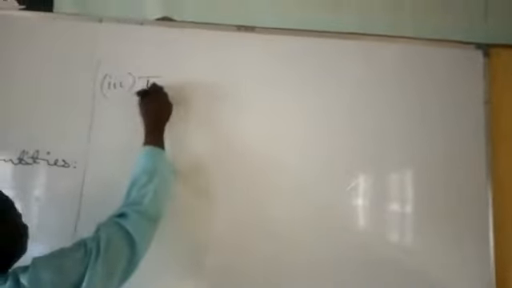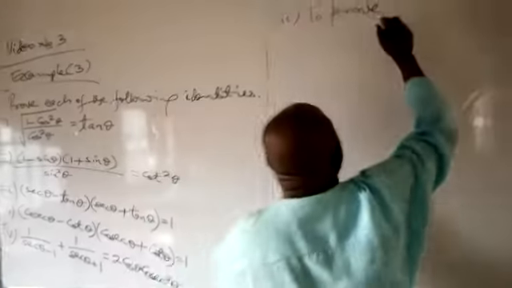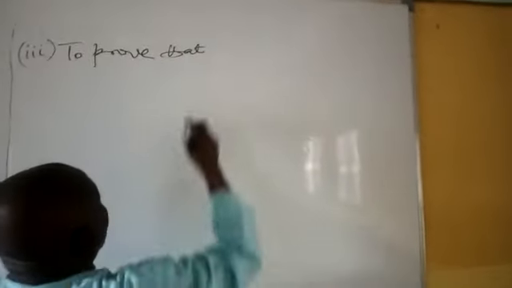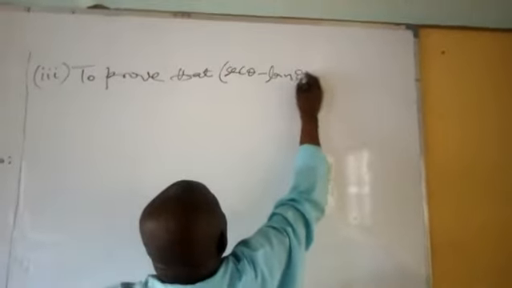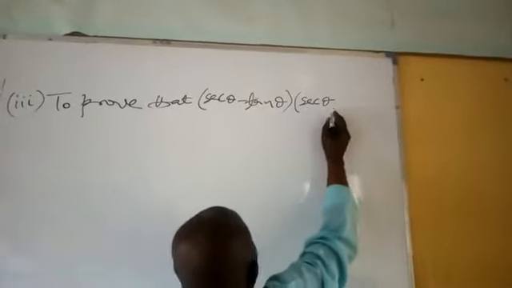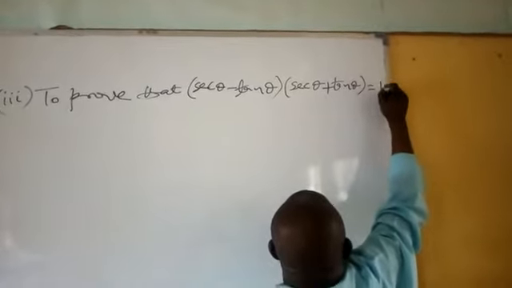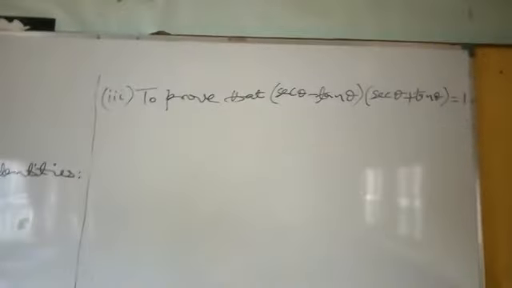So that is the next question: to prove that sec theta minus tan theta into sec theta plus tan theta is equal to 1.